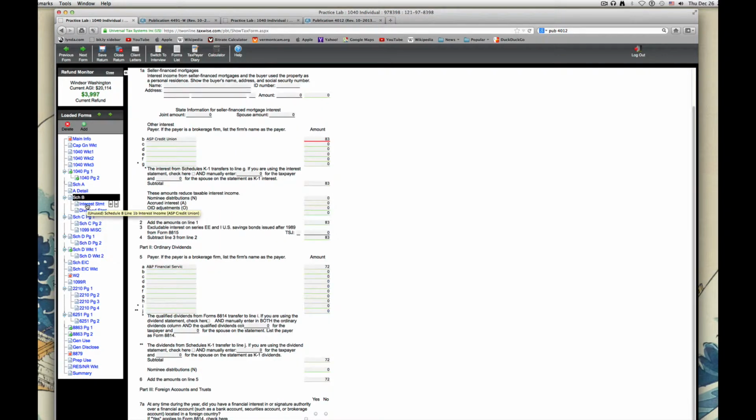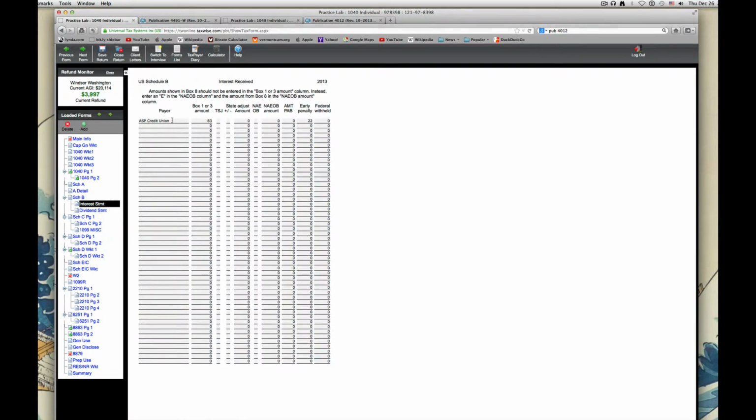There's going to be an interest statement as well as a dividend statement. And so the interest statement, we're going to actually enter the information onto. So we put the name, the amount, and then you see the early penalty was entered over here.